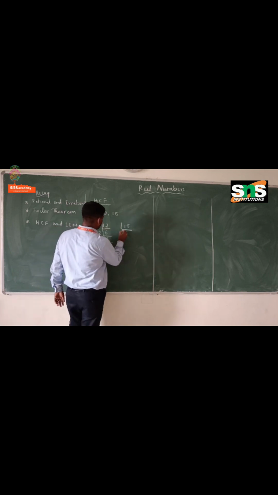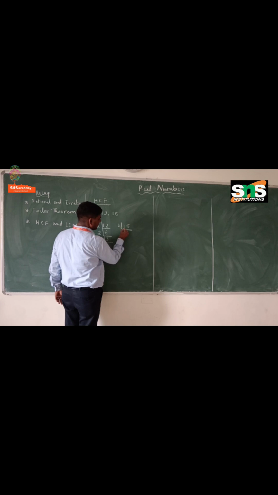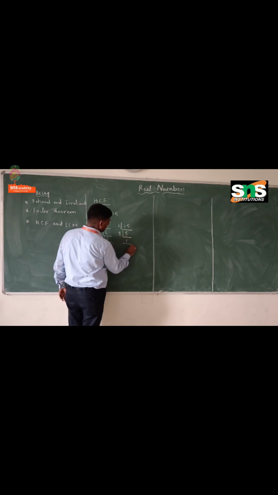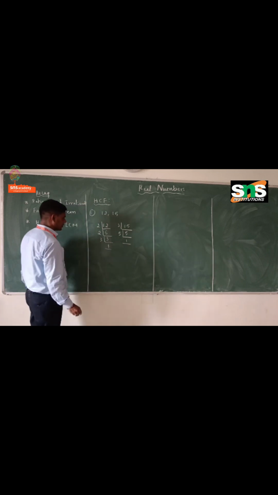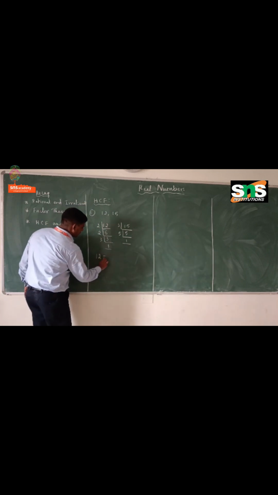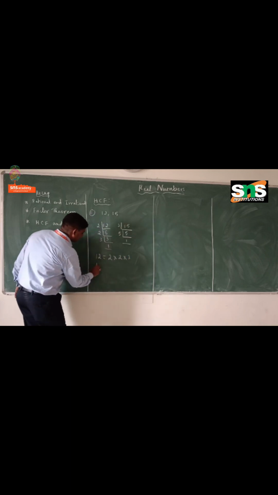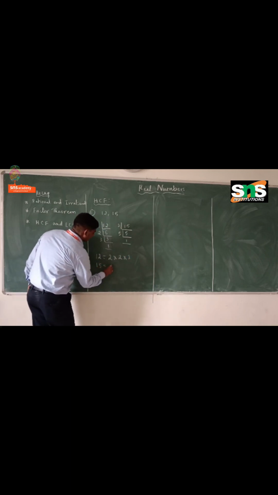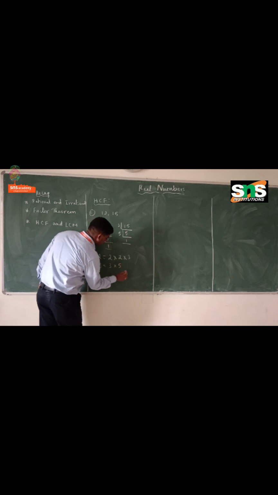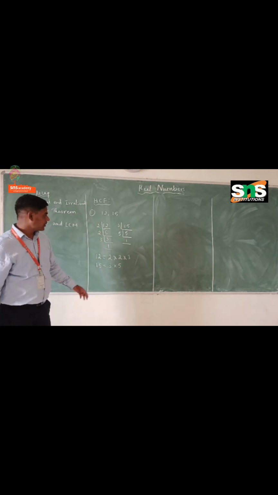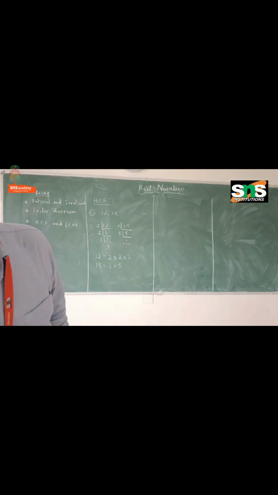For 15, the 3 table we can use 5 times, and the 5 table will come 1 time. First we write the factors: 12 is equal to 2 into 2 into 3, and 15 is equal to 3 into 5.